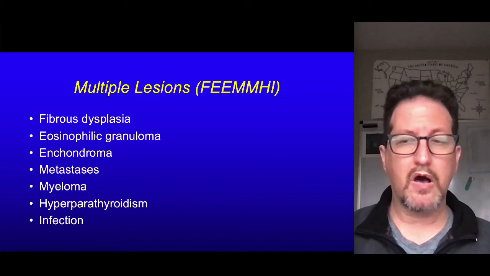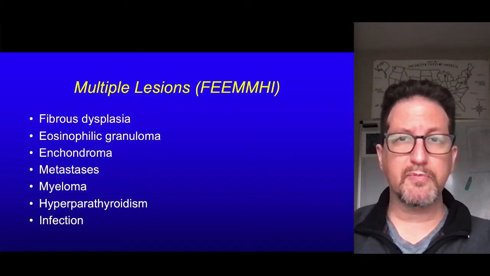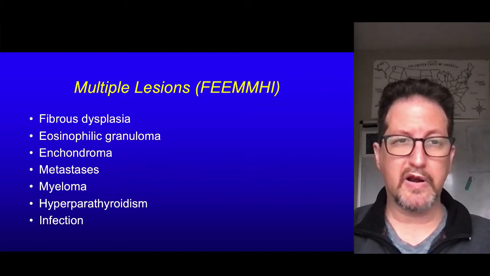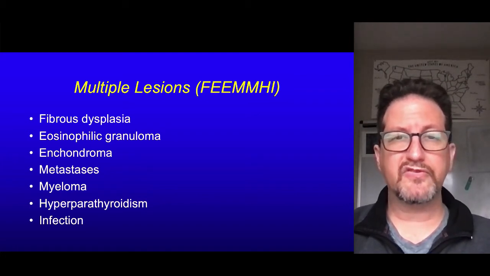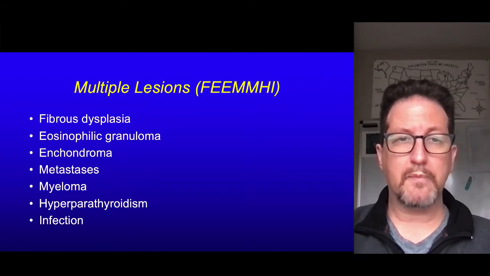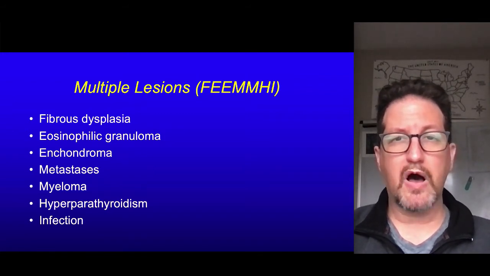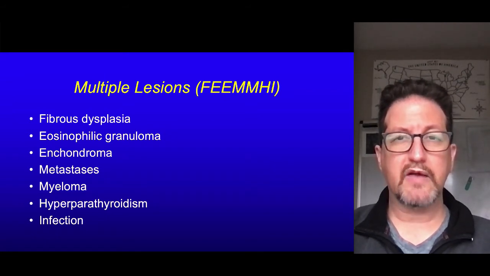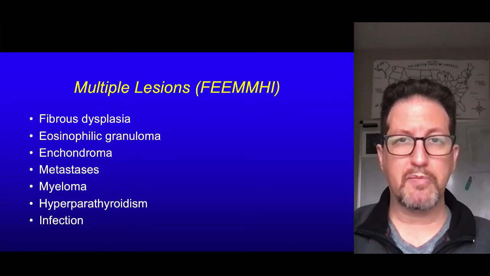So if you have to include something, then eosinophilic granuloma and infection is just about everybody, and metastases and myeloma for the elderly population. And then again, FEMME HI for any multiple lesion. Again, remembering that everything can show up as a single lesion.